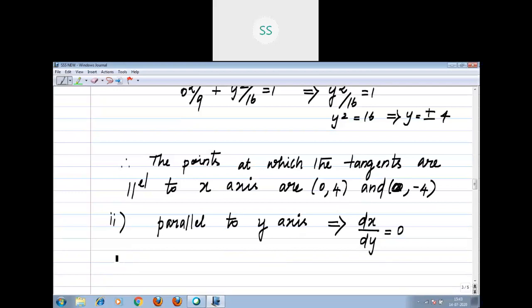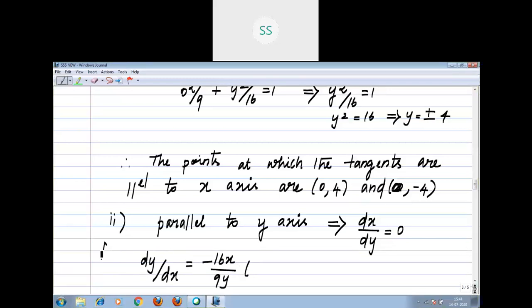Already you found, right? What is your dy by dx? We know that, or we found. Better you write. dy by dx equal to minus 16x by 9y, right?